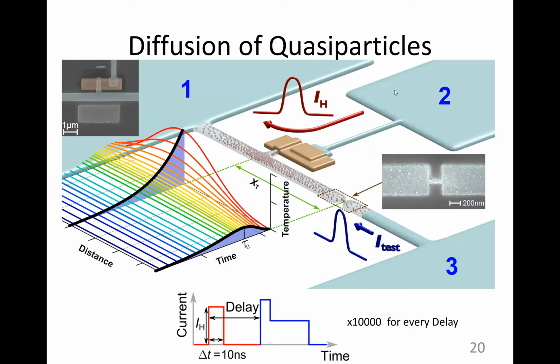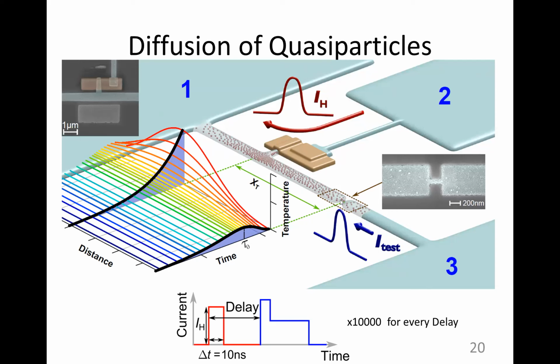We send some heating current from port 2 to port 1, and this current on its way must go through this normal state island and produce dissipation and quasi-particles because of it. As we produce these quasi-particles, they start to diffuse in all possible directions, and some part of them, at some point, will arrive at the position of our thermometer.